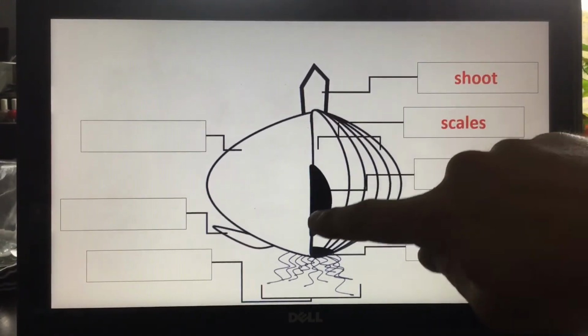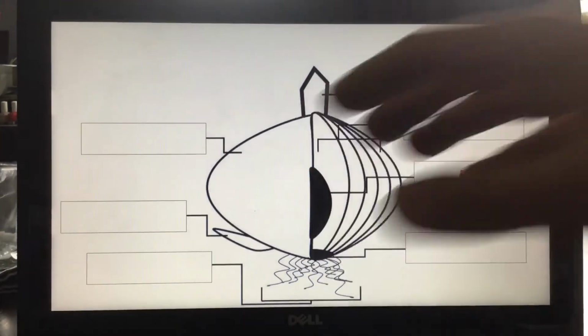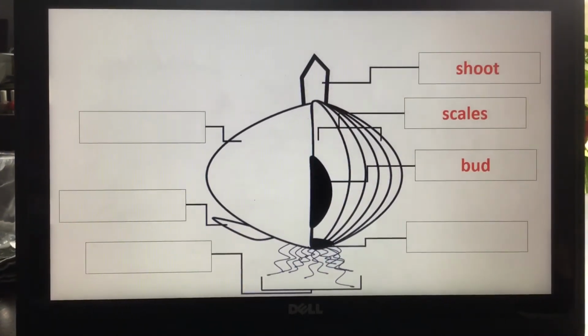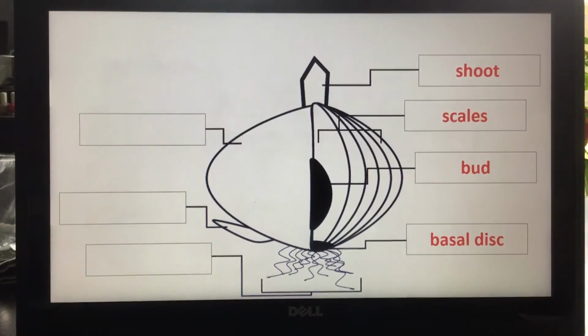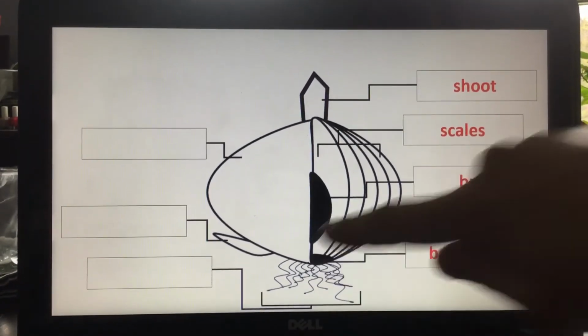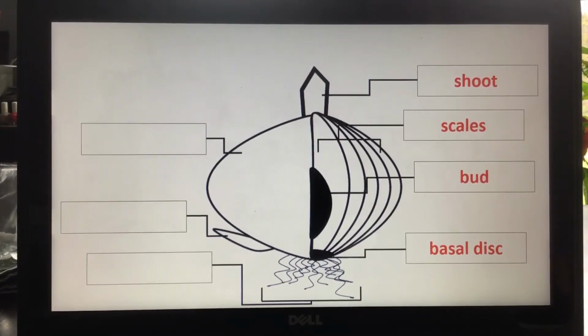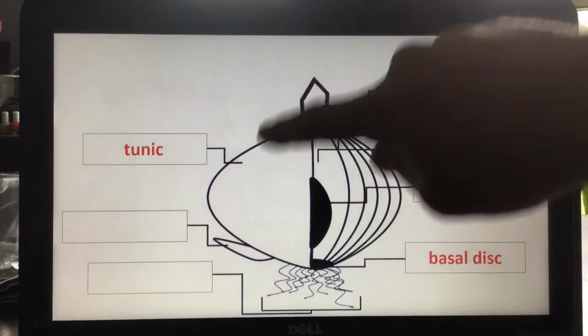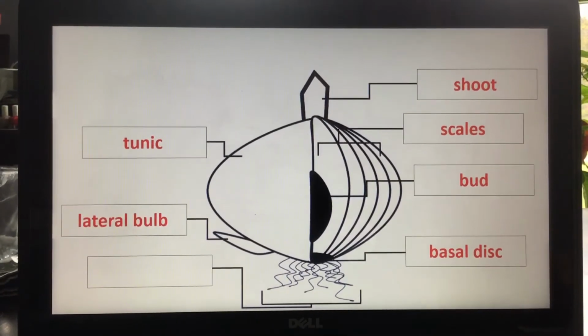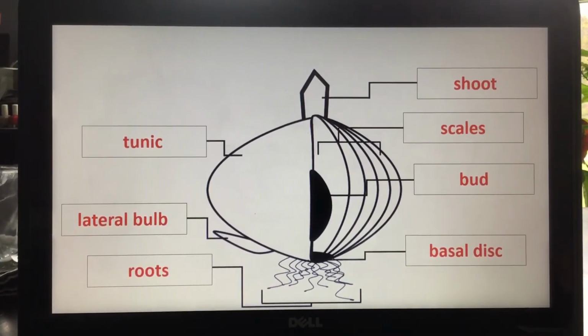The bud, we wouldn't normally see that bud. It'd be buried down inside all of those layers. The basal disc, right there, and we wouldn't see that too well unless we did the cross cutting. The tunic, lateral bulb, and the roots.